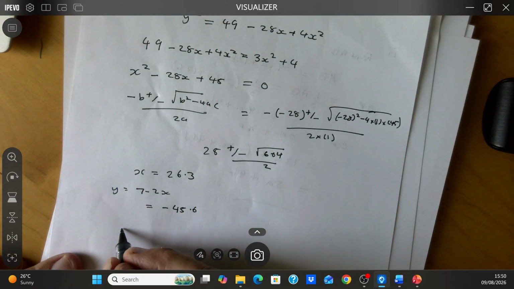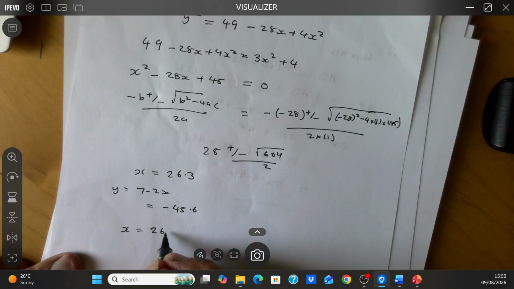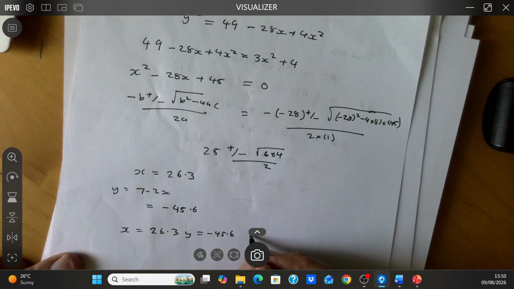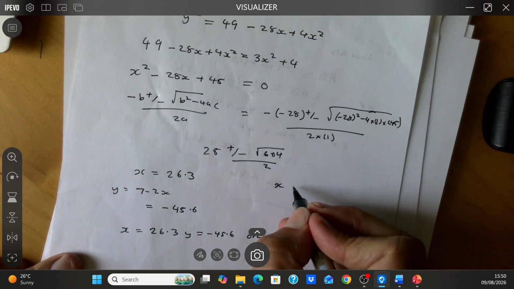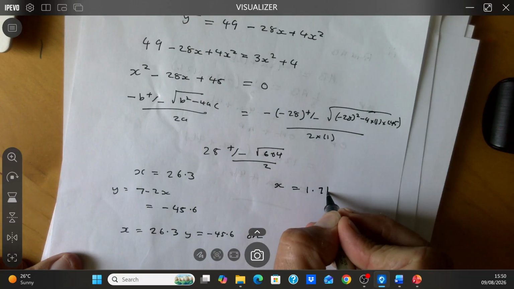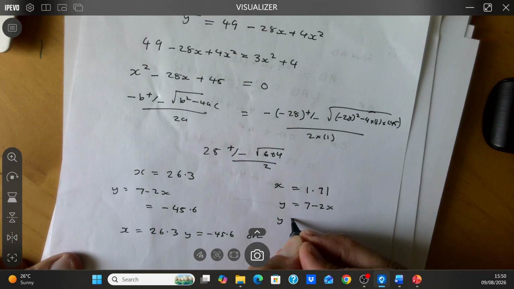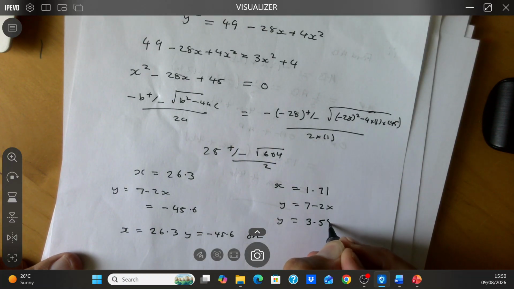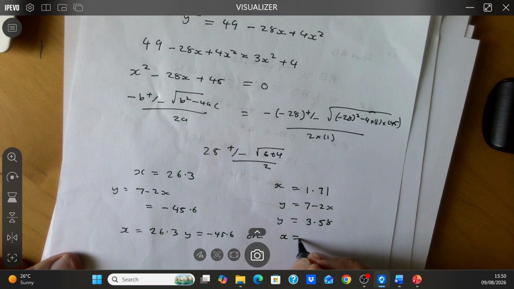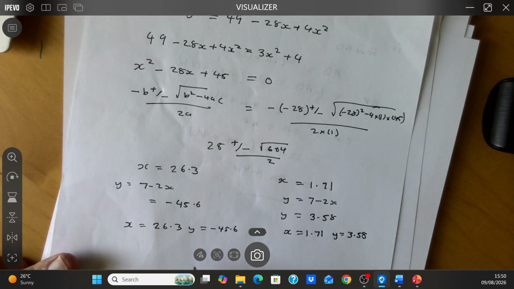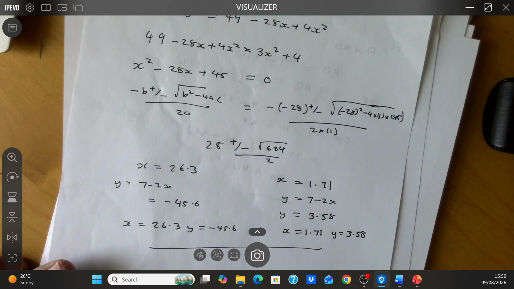So one of my solutions is x equals 26.3, y equals 46.4, or my second solution, when x equals 1.71, y equals 7 minus 2x, so y will equal 3.58. So, x equals 1.71, y equals 3.58. They are my 2 solutions.